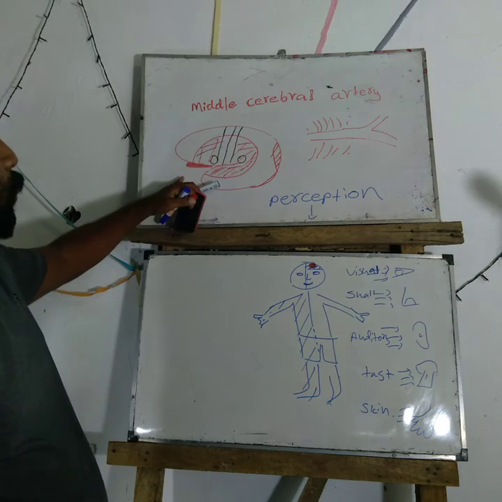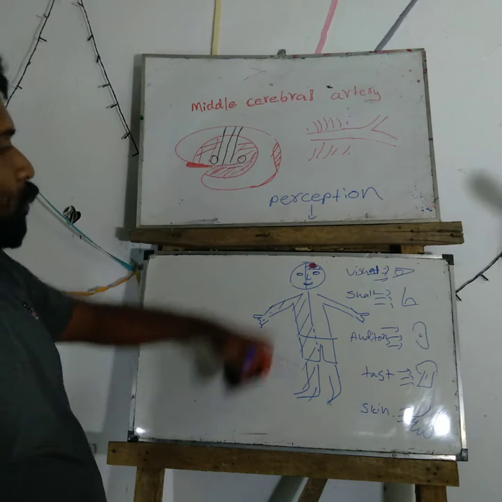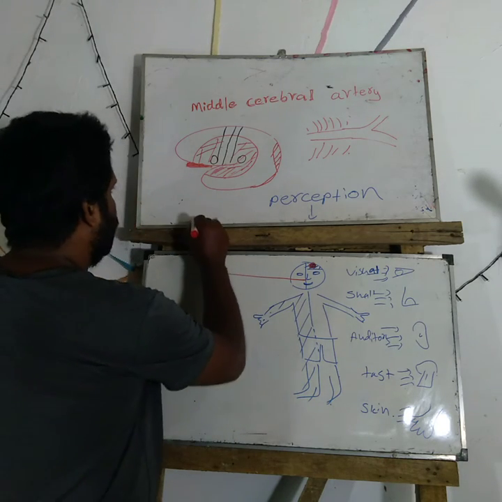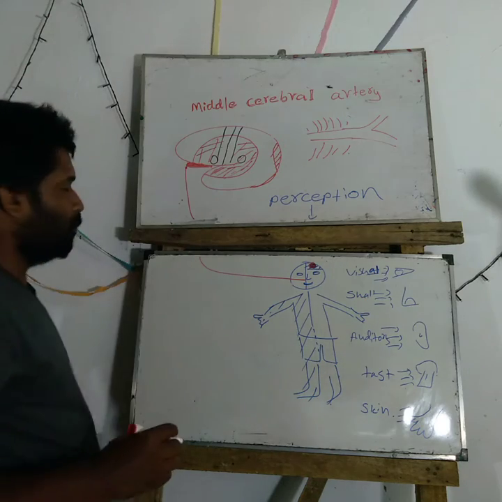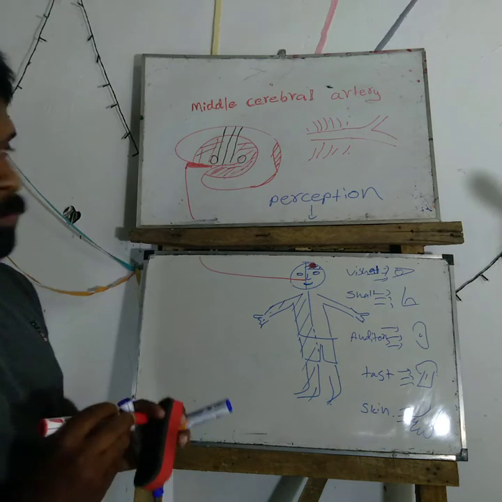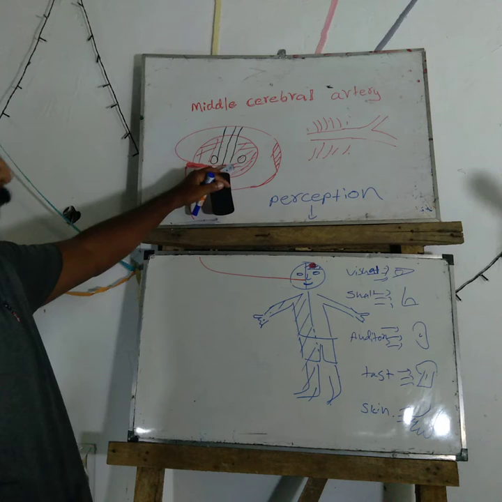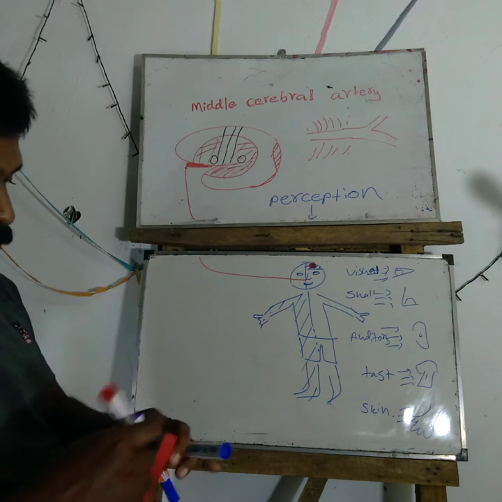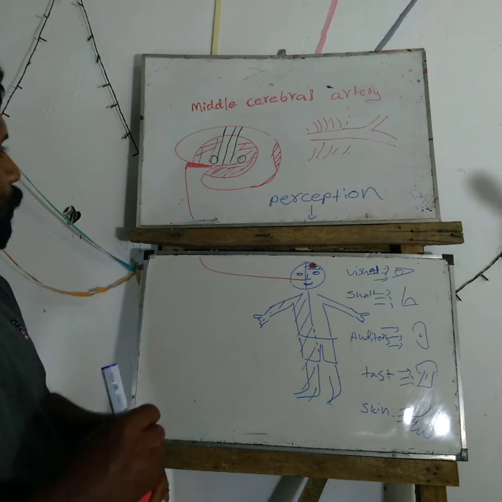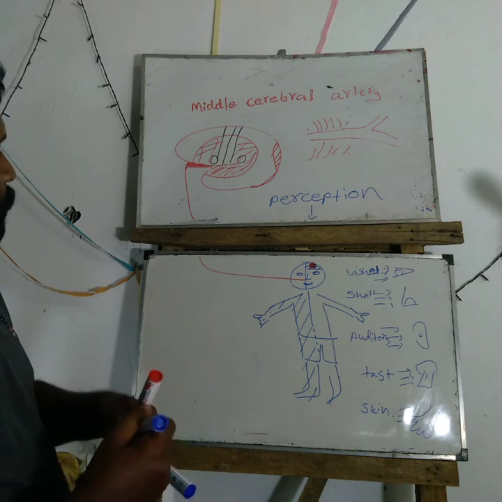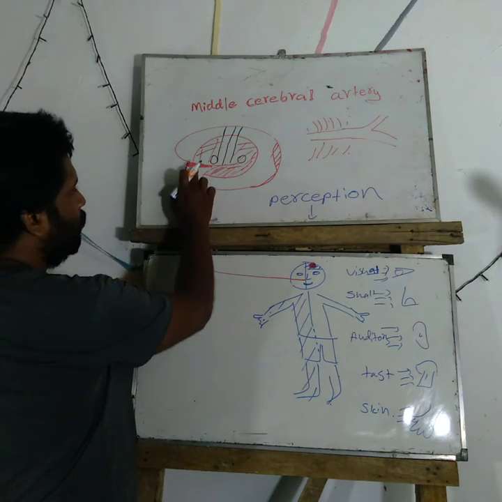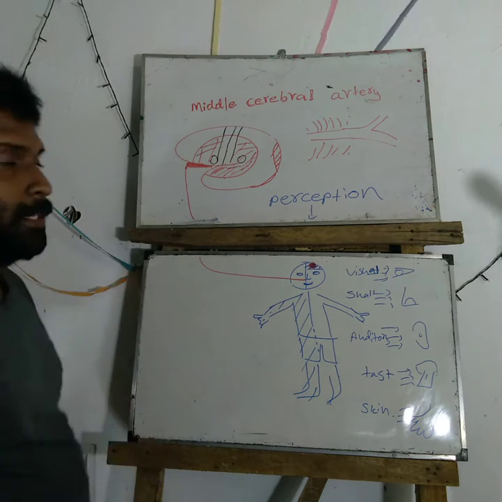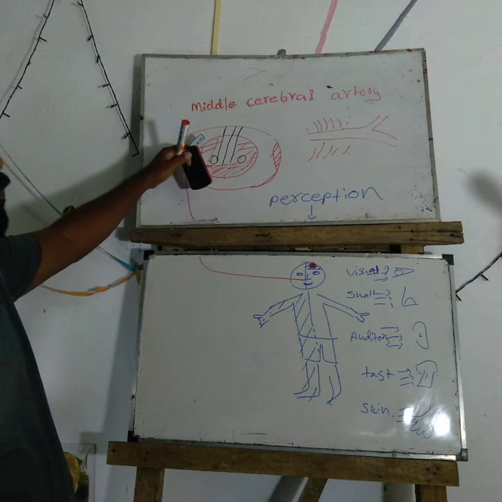The anterior, anterior inferior area gives the olfactory, the nasal supply, to the olfactory bulb. It is installed in the anterior inferior frontal lobe.